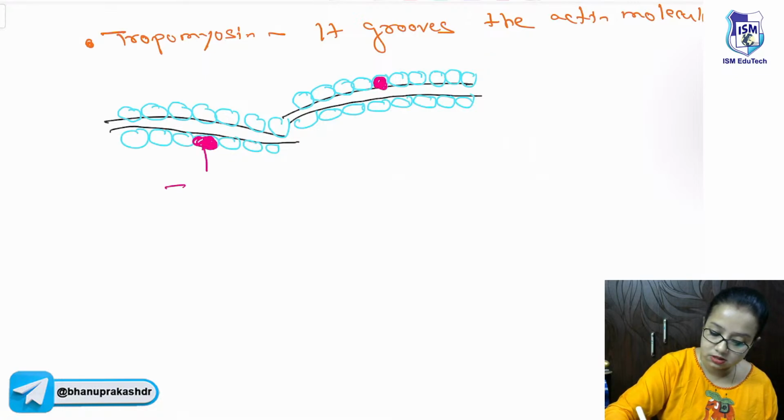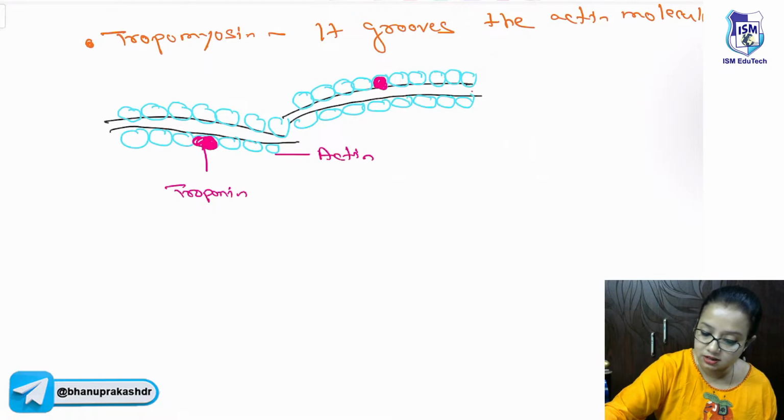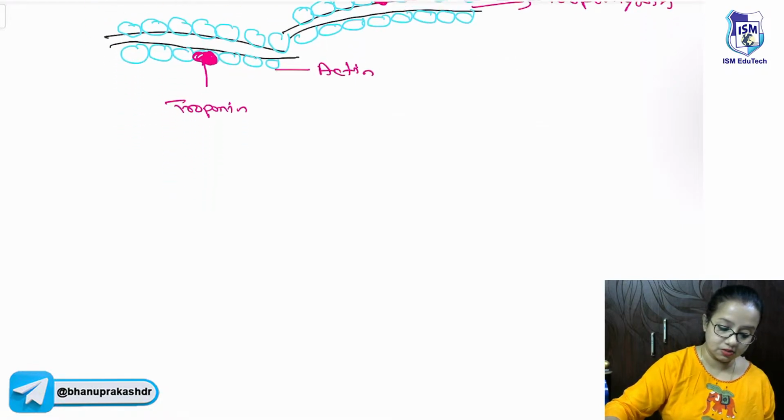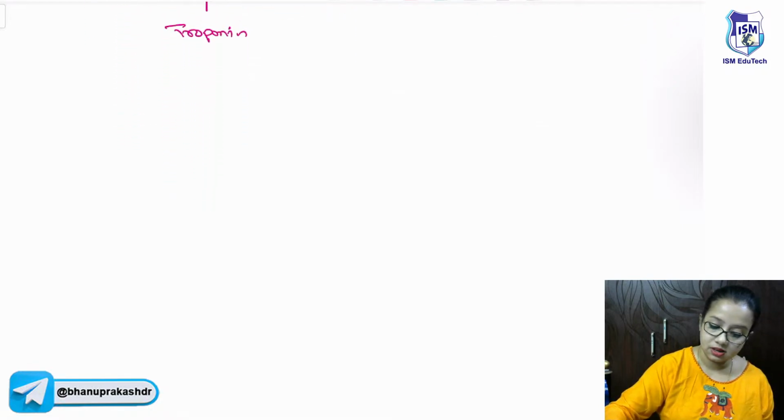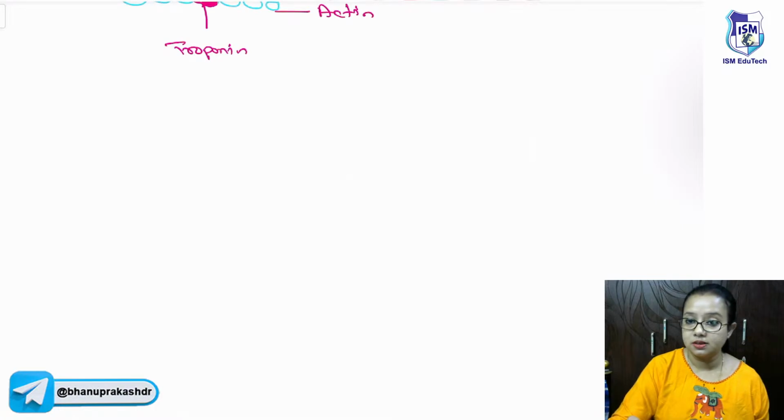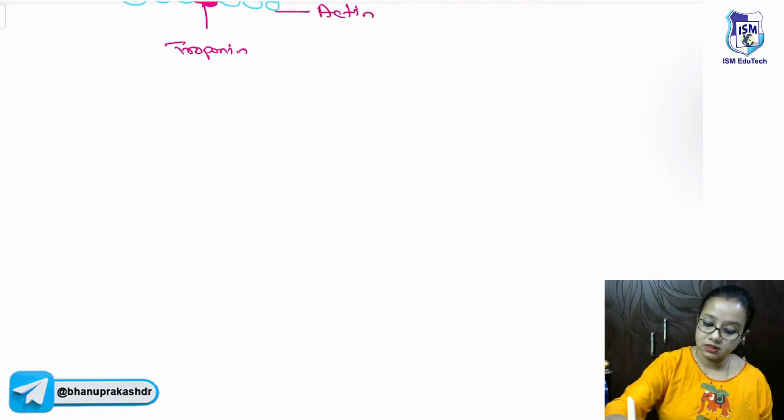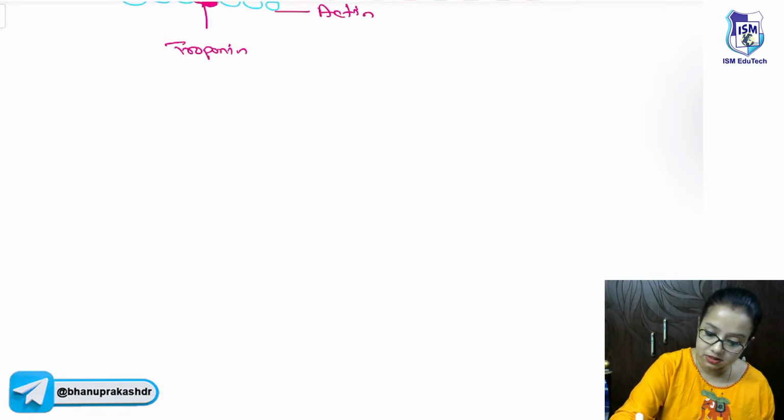So this is the troponin, this is the actin, and this is the troponin. So these are our regulatory proteins which are present in the muscle.